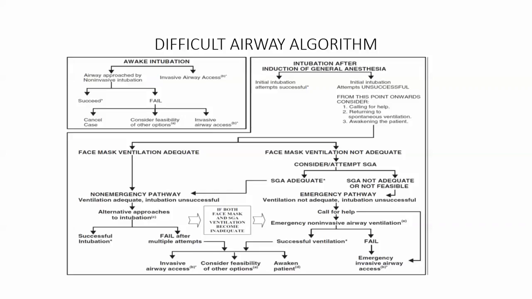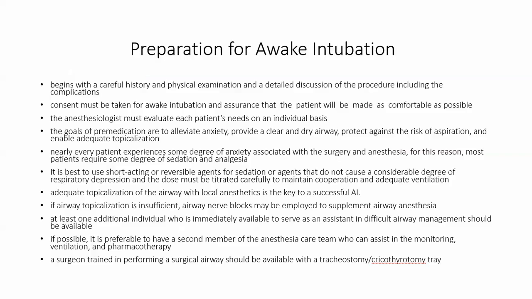Based on the history, the physical examination, the airway examination, and the past difficulty in ventilation and intubation, the safest option to intubate this patient is to consider an awake intubation, and the airway can be approached by a non-invasive intubation like an awake fiber optic intubation.